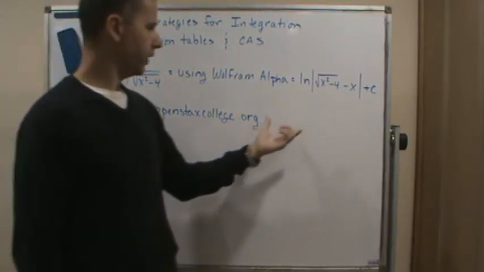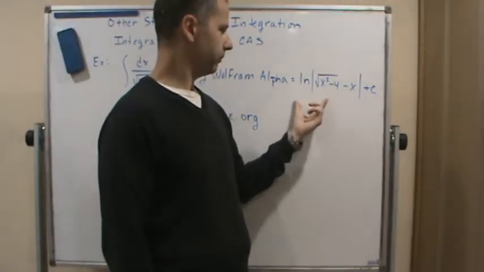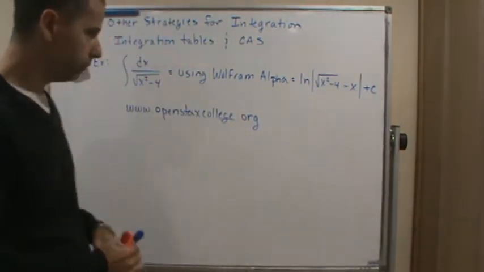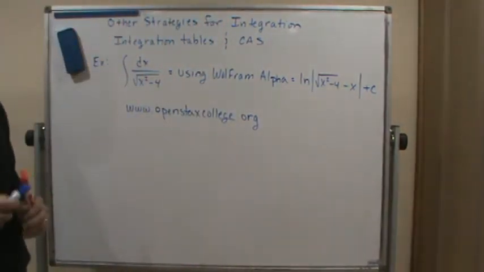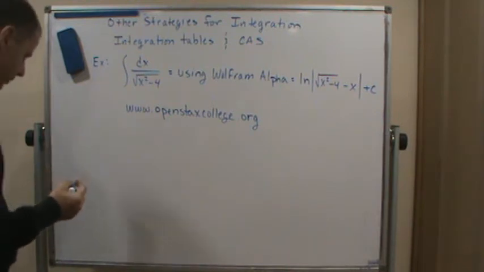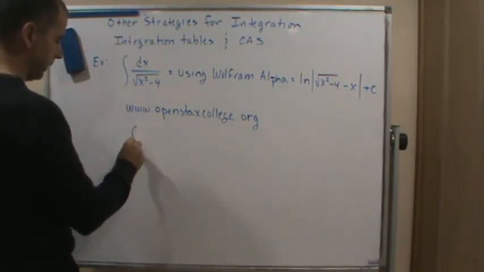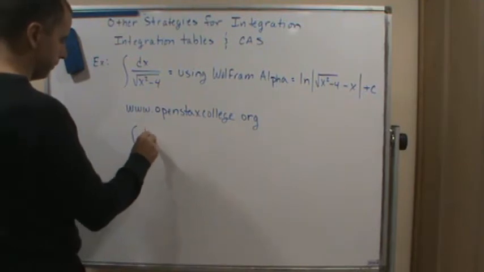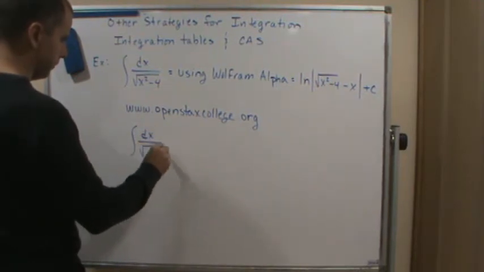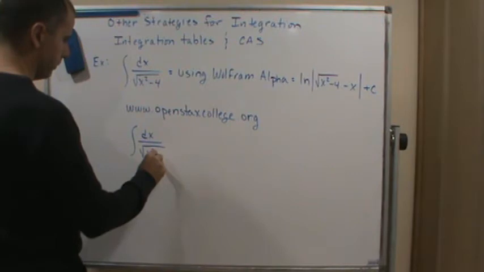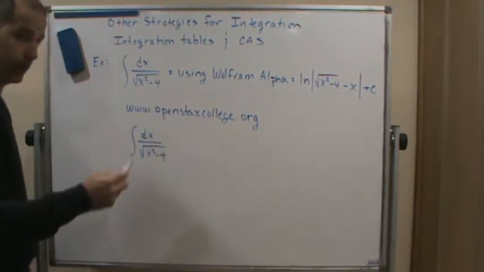this, then you're going to get this. Okay, now let's compare that with something you would have gotten if you did trig substitution. So with trig substitution you would have gotten something like this. Possibly, okay?